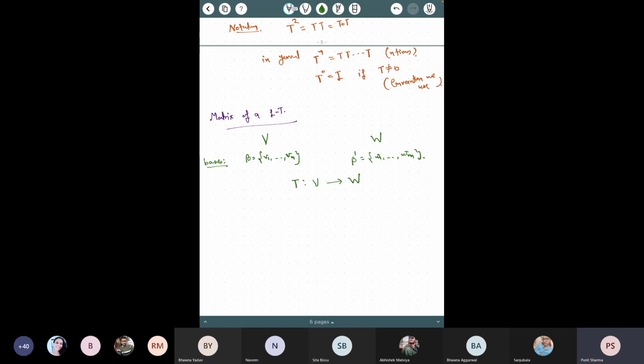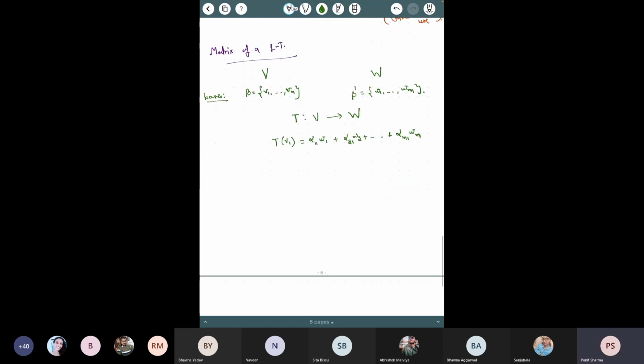It means that if I take any basis vector, let's say V1 here, then T of V1 will belong to W, and we know a basis for W. So T of V1, which is an element of W, can be written as a linear combination of these Wi's, the basis vectors of W. So let's say T of V1 equals alpha 11 W1 plus alpha 21 W2, and so on up to alpha m1 Wm, right?